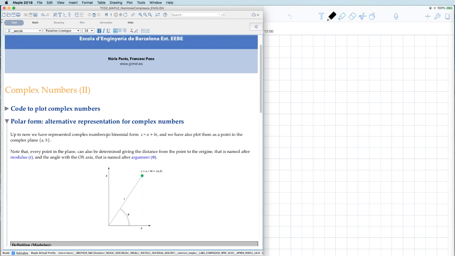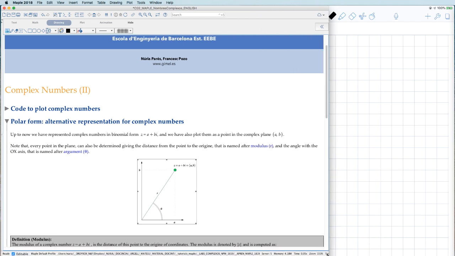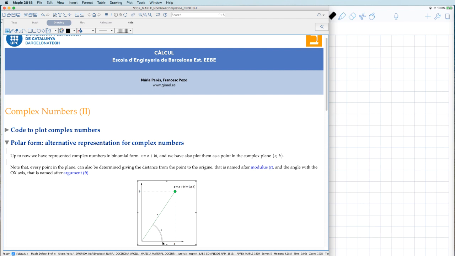Up to now we have represented complex numbers in binomial form, which is a plus bi, and we have also seen how to plot them in the complex plane. In the plot, we have defined them using the x coordinate and the y coordinate, but every point in the plane can also be defined by its distance from the point to the origin and its angle, which is called the argument, in the counterclockwise direction.